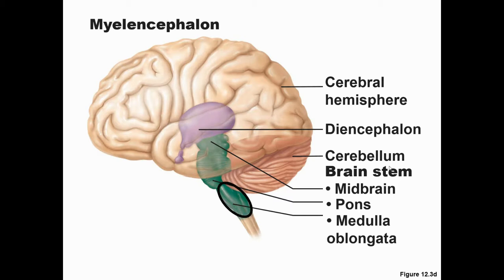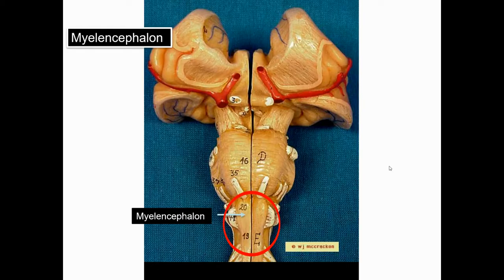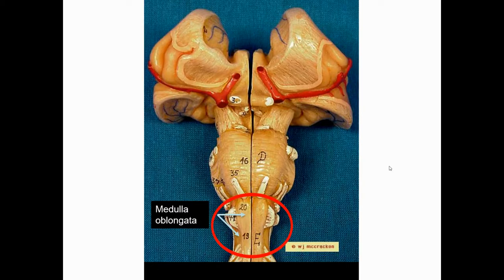Let's look at the myelencephalon. So the myelencephalon, remember, is the medulla oblongata. And mostly what this is, is tracts. Now it does do some processing, but it's mostly tracts, and the tracts are visible. You can see the tracts on the anterior surface here. They're longitudinal tracts, and they are called pyramids.